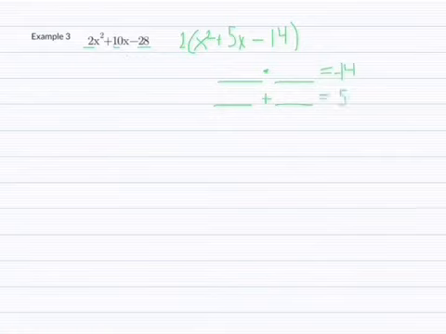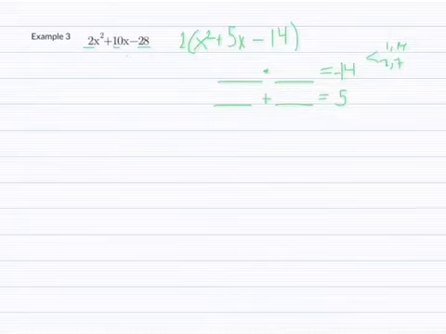That negative's pretty important. So with 14, you have 1 and 14, or you have 2 and 7. Now do either one of those add to get to 5? 2 plus 7 is not 5. 2 plus 7 is 9. But one of them needs to be negative.